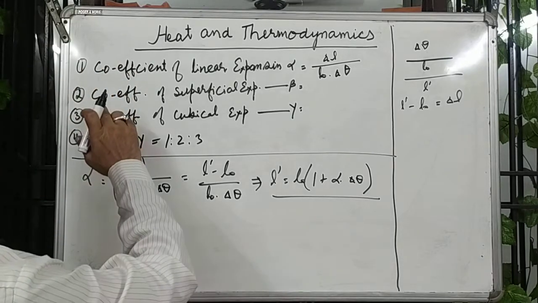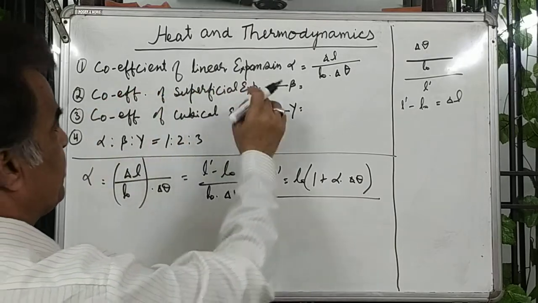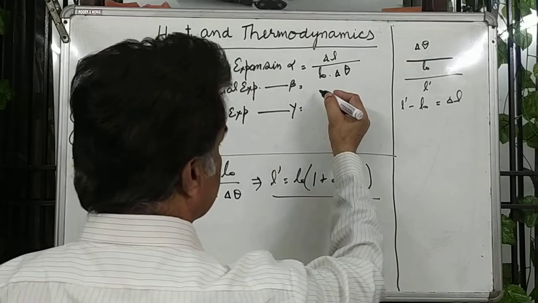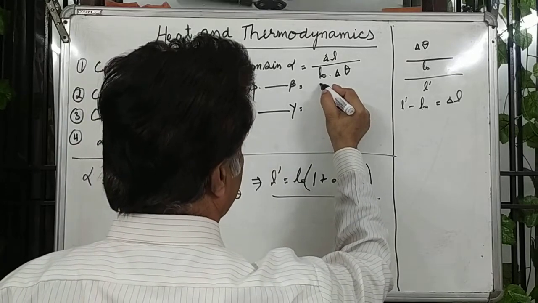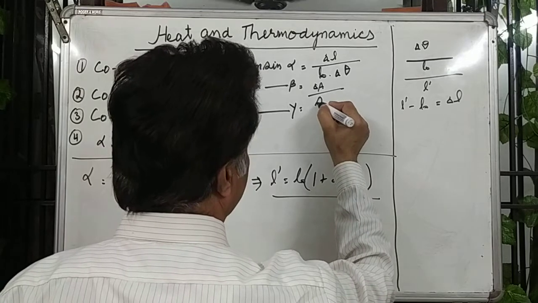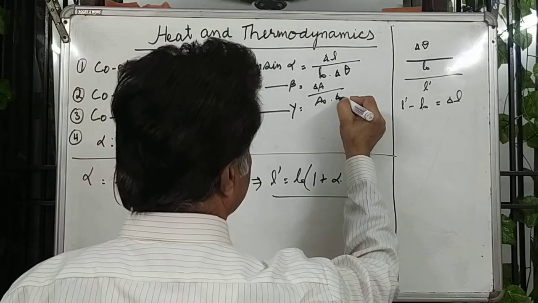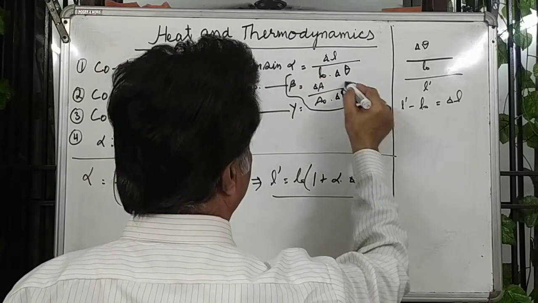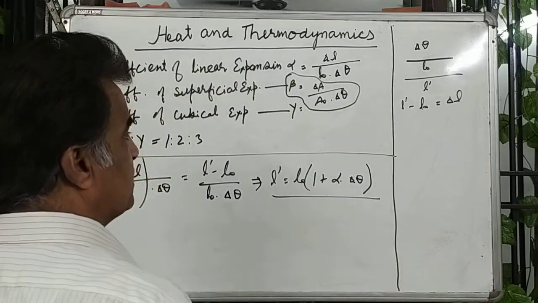Second is coefficient of superficial expansion, beta. This is change in area per unit original area A naught per unit change in temperature theta. This is beta.